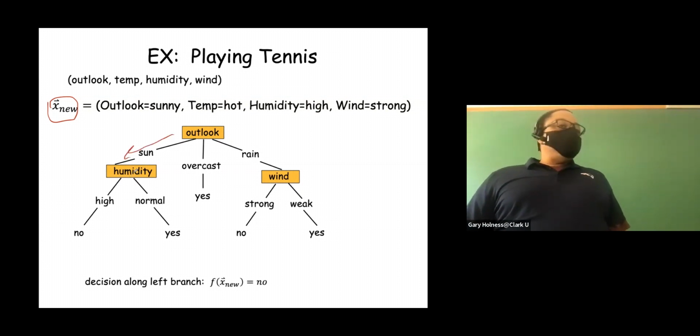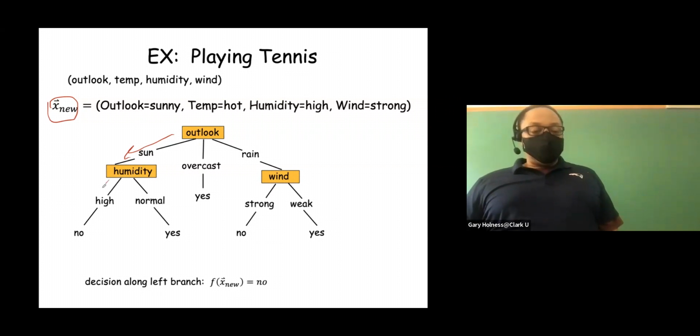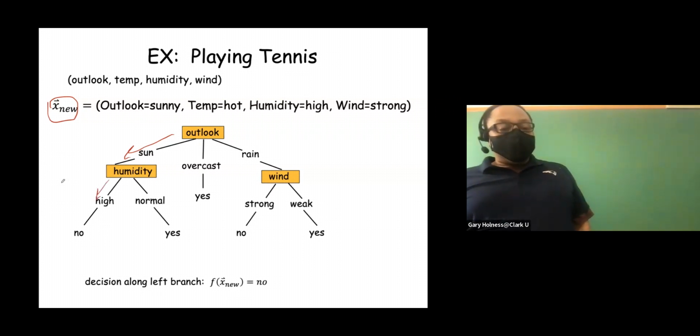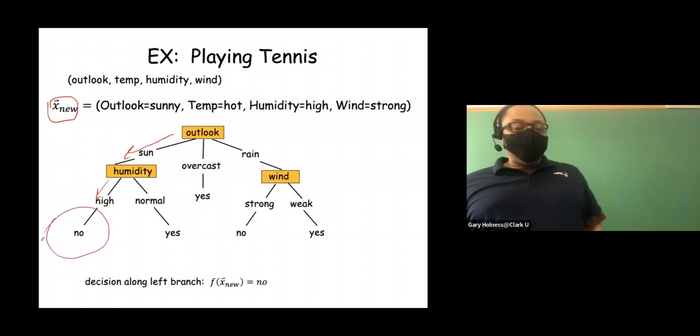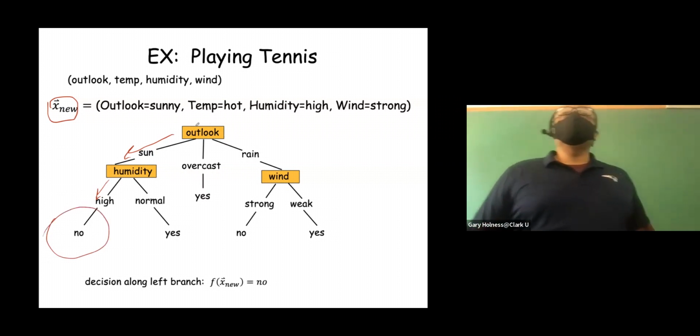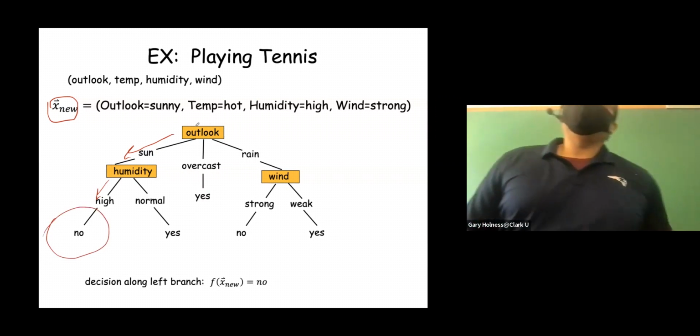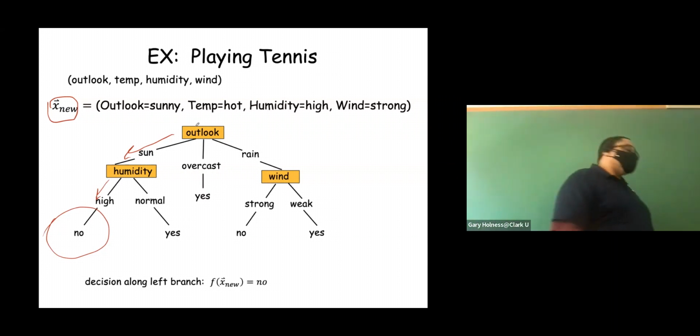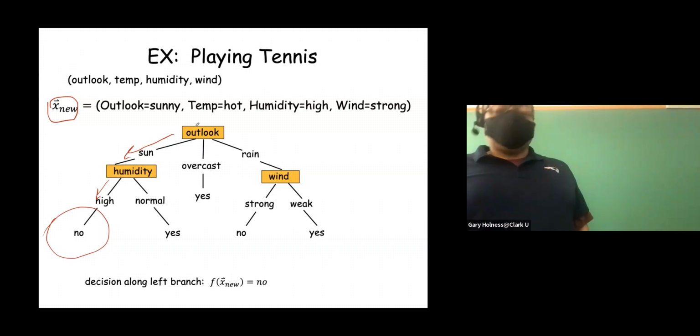And then it comes to the humidity test. Humidity is high, so it pursues this branch. And then it comes to rest in this leaf node. And imagining the majority label was no, then you'd say, okay, this thing is predicting no for this tennis variable. So you shouldn't go play tennis during these conditions. Does that make sense? Okay.